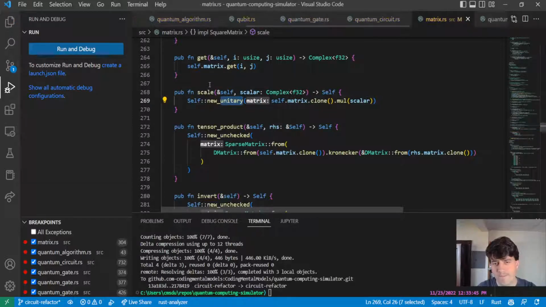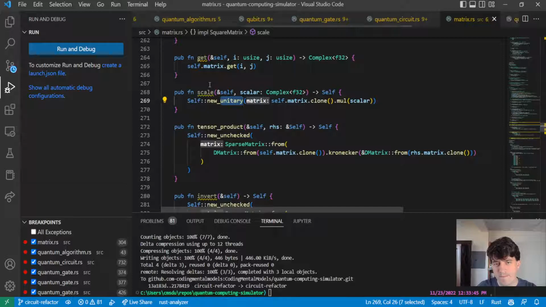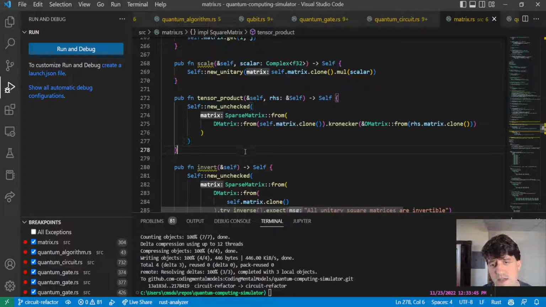Well, yeah, I guess this is fine. The function's not even being used. It's fine. Okay, tensor product. So tensor product is an interesting one.